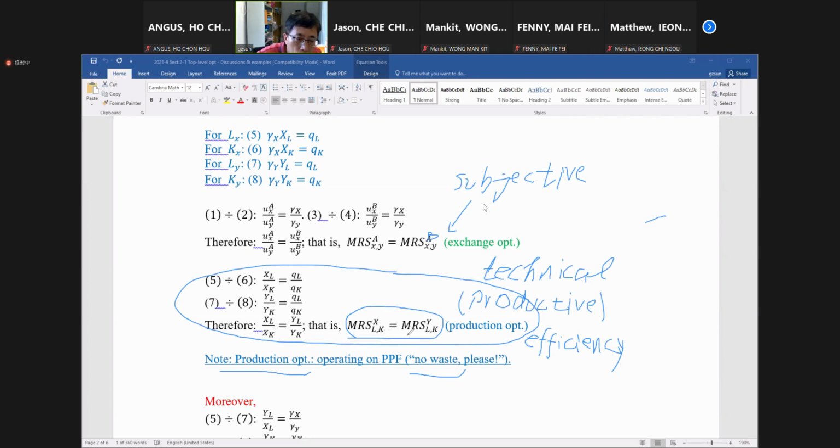So the so-called production optimum basically means technical efficiency or productive efficiency.